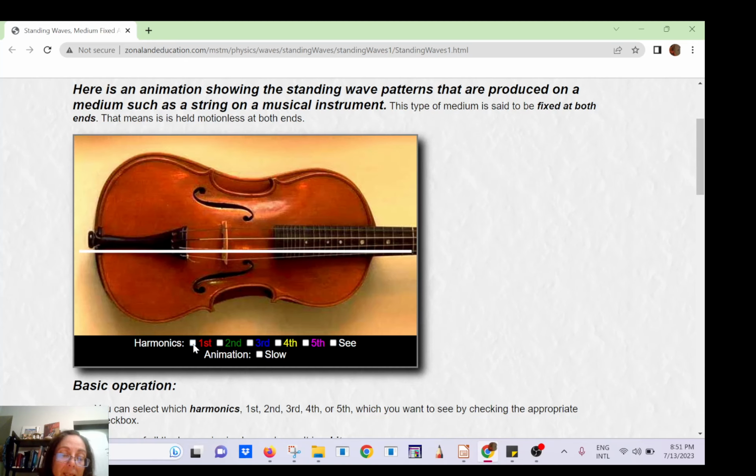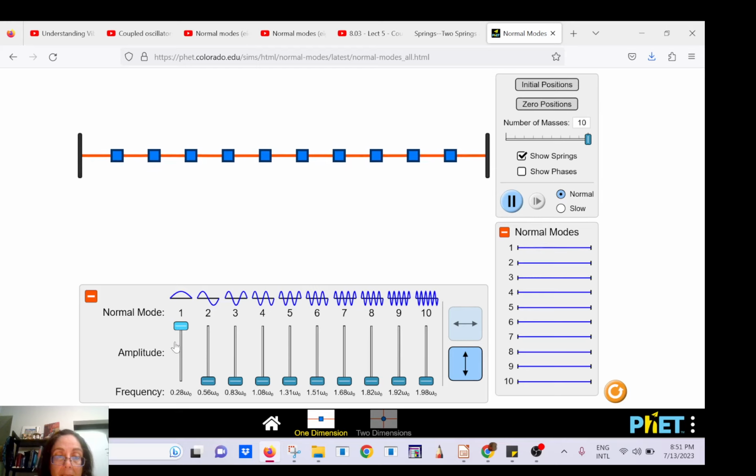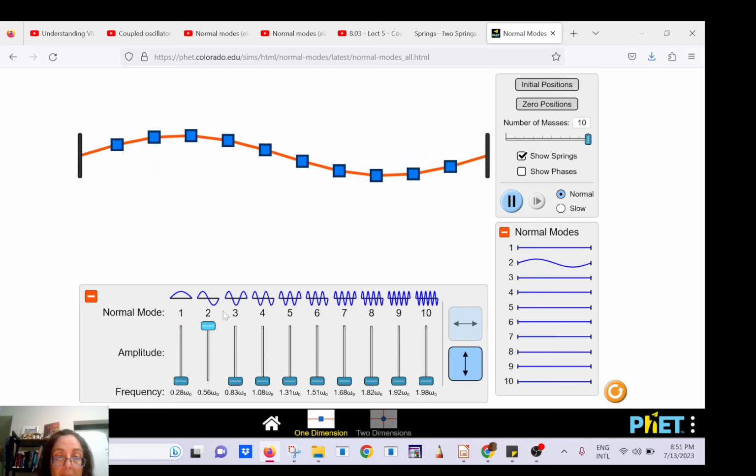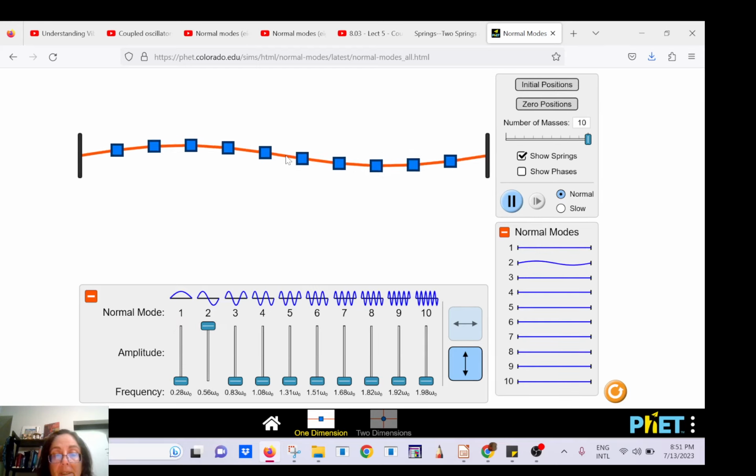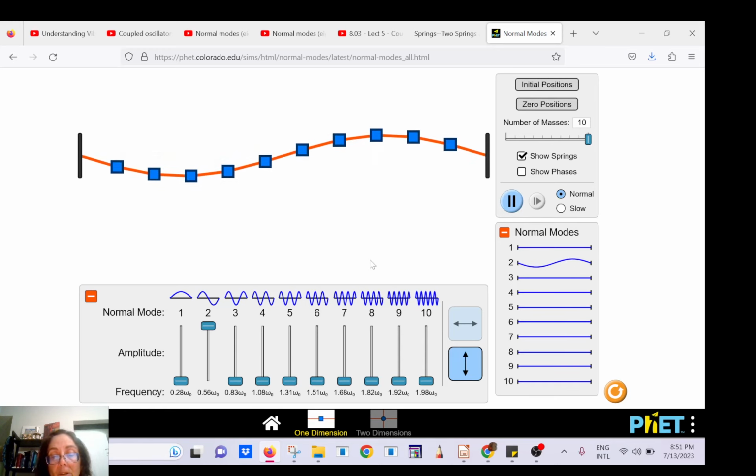Then the second harmonic is when, at the center, you have a node and it's not moving. So that will be the second mode, a frequency twice the first one. And that will be like the one here. So you see how at the center it's not moving. I have a node here, and this one is moving and that one is moving.